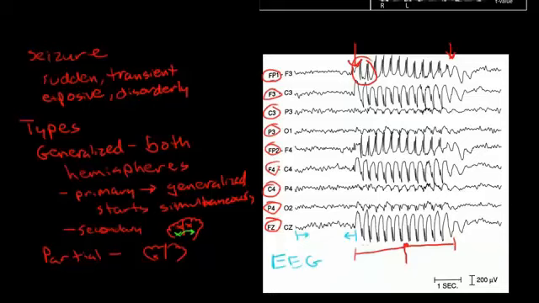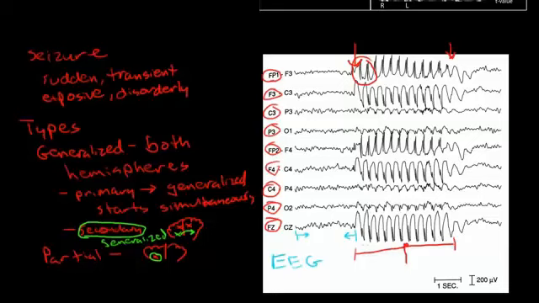That is called a secondary generalized seizure. So partial stays on one side of the brain. Generalized can either start on both sides or end up on both sides.